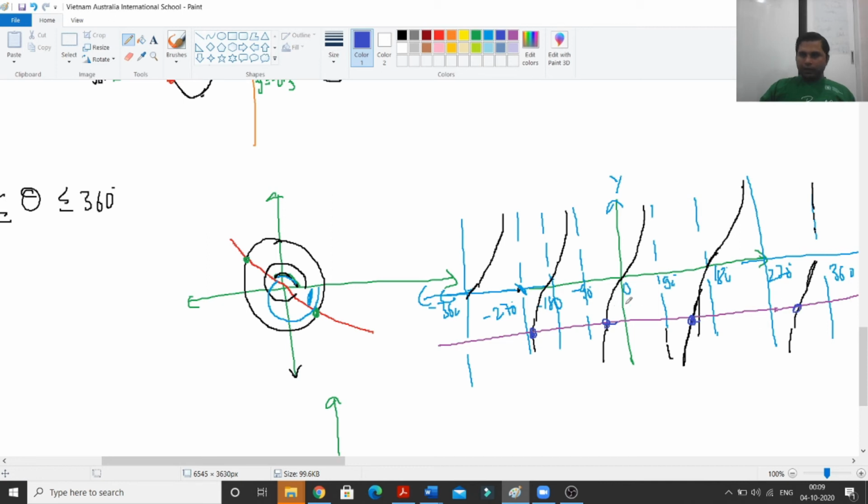4 points, right? So one point will be this point, using the calculator what we got, which is minus 45. So this is minus 45.